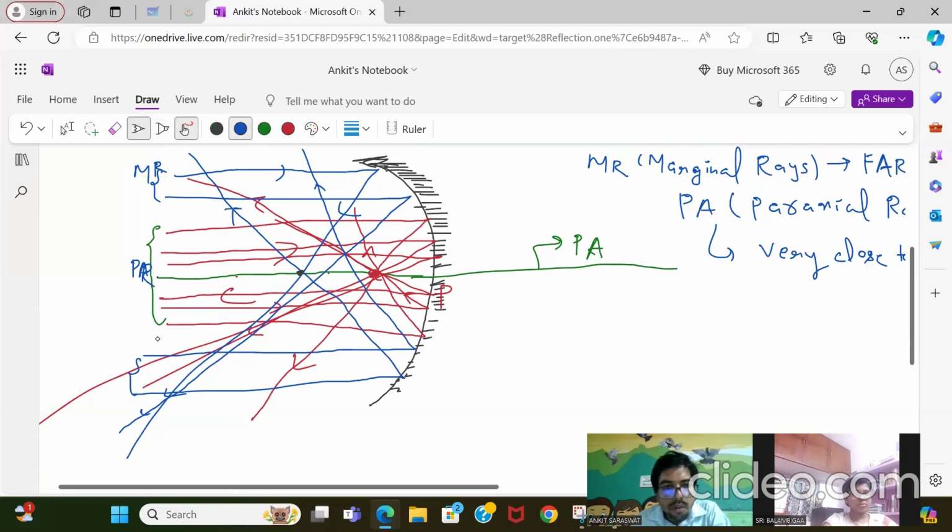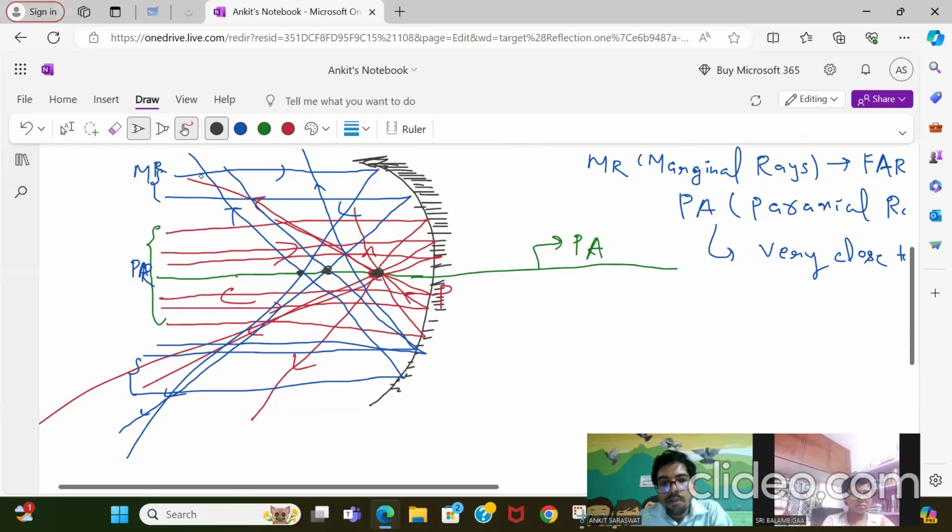I have forgotten to draw one more; you can draw it. So for marginal rays, there are different focus points. But all the paraxial rays will meet at a common point, which is known as the focus.